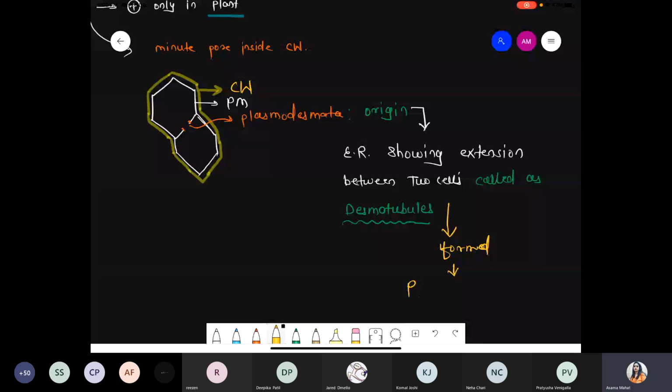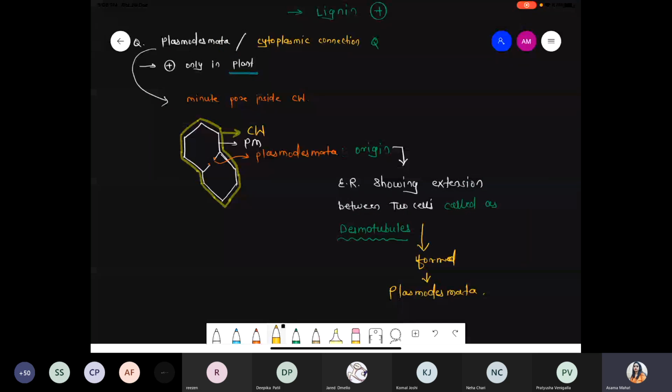So for a straightforward question, plasmodesmata is also called the cytoplasmic connection. But if there is any question related to origin, please remember that the endoplasmic reticulum present in one cell and the endoplasmic reticulum present in the other cell get elongated.